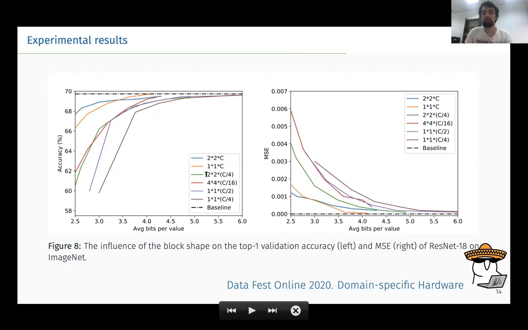We tried both larger kernels, maybe 2 by 2 or 4 by 4, and fewer channels, so fourths and half of the channels. And as you can see, 1 by channel block is actually one of the most optimal. The only one that outperforms it is 2 by channel at low compression rates, but that would increase the computational complexity too much, so we didn't take this approach in our paper. We stick to 1 by channel.